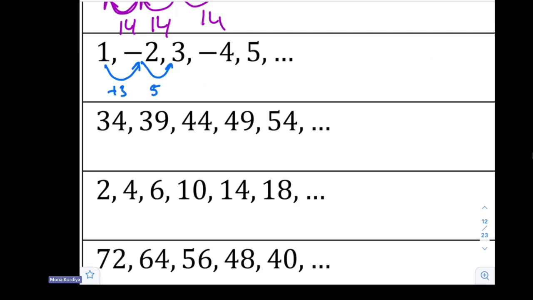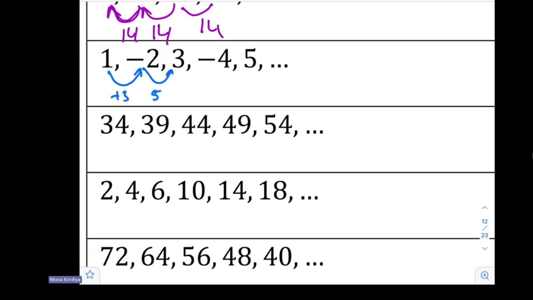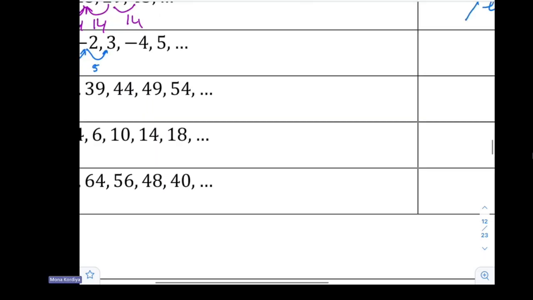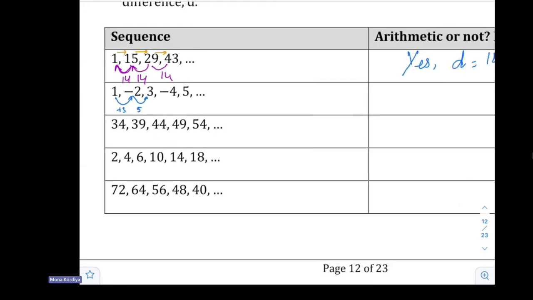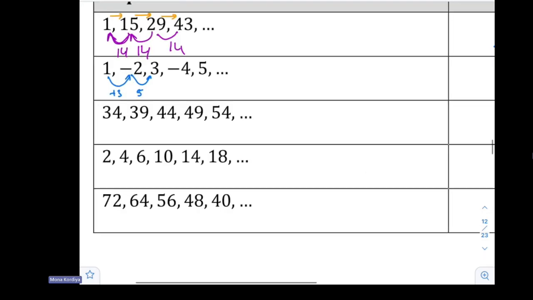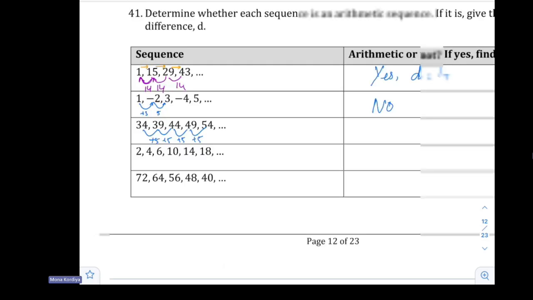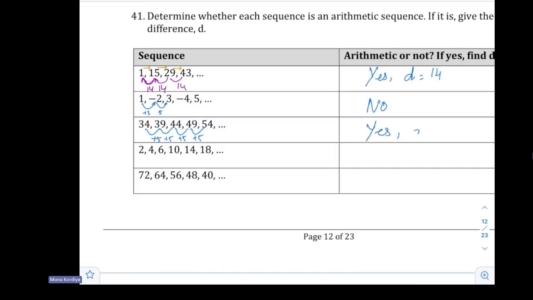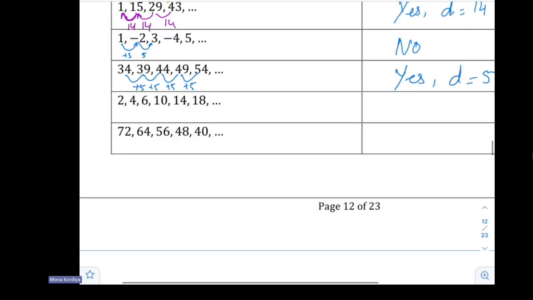You shouldn't waste your time checking the rest. If you stop at any difference, you just say no, because the difference is not constant. For this example, it's very clear that they increase by 5 every time. And that means we can say yes, and our difference is 5.